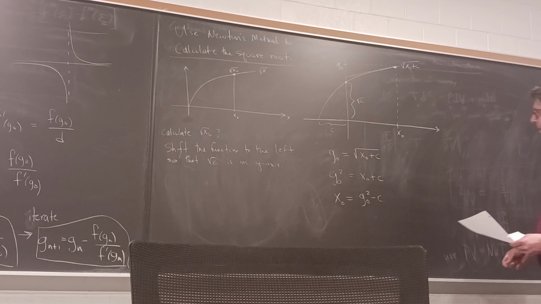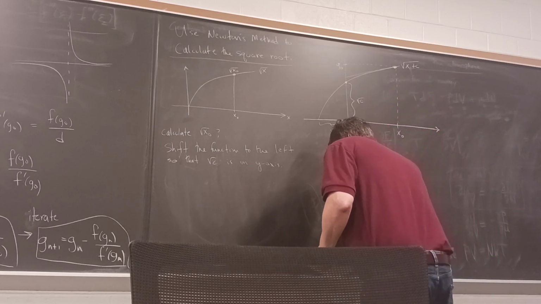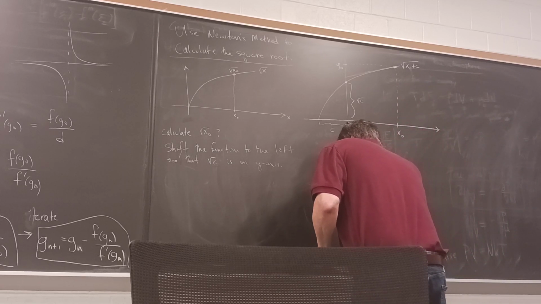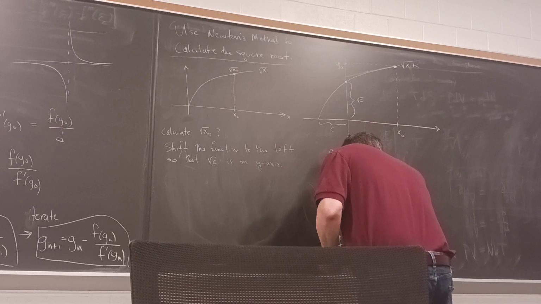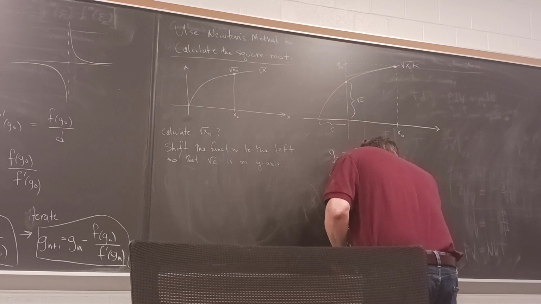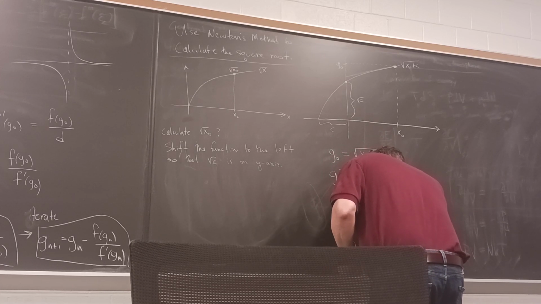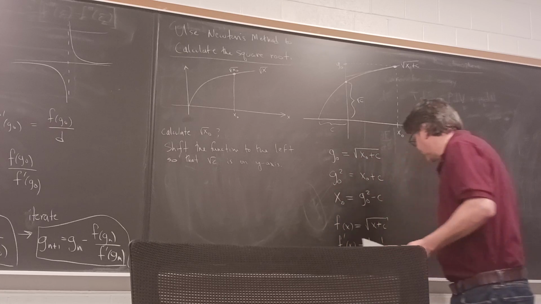Now, the good thing about the square root function: if f of x is equal to the square root of x plus c, then f prime of x is 1/2, 1 over the square root of x plus c.